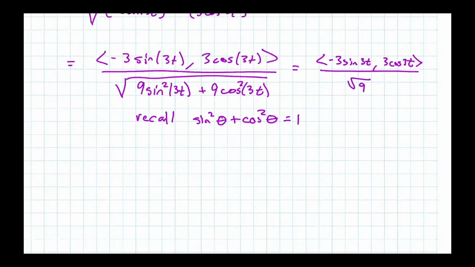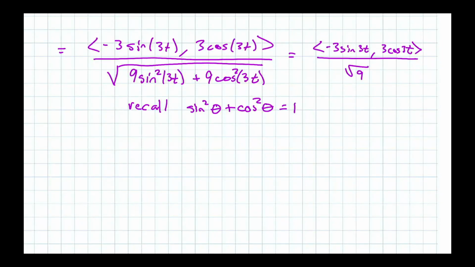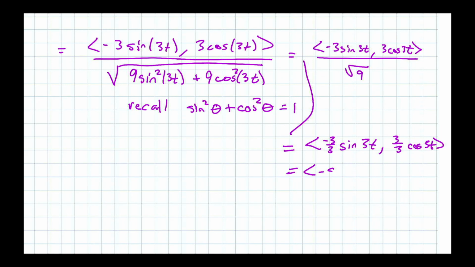Of course, square root of 9 is 3. So what you end up with is negative 3 over 3 sine 3t, comma, 3 over 3 cosine 3t, or just negative sine 3t, comma, cosine 3t.